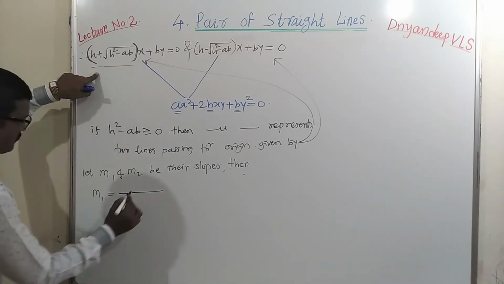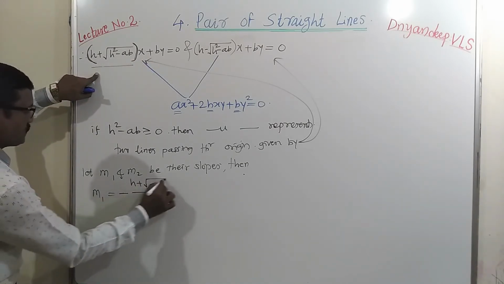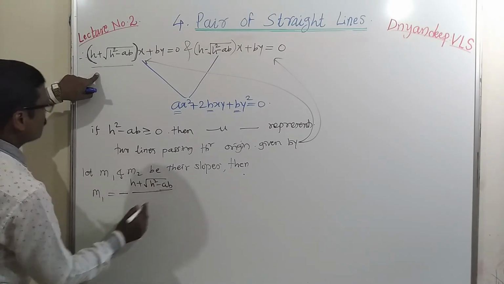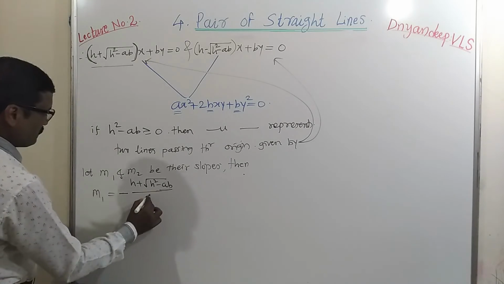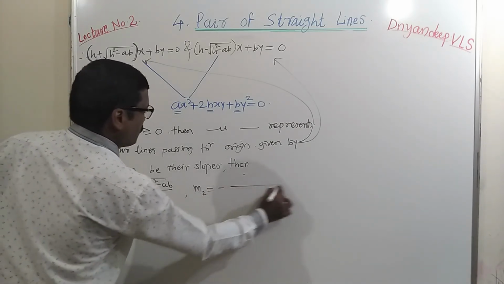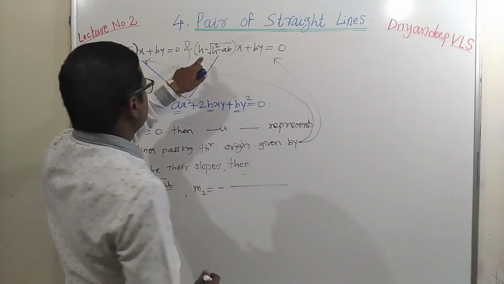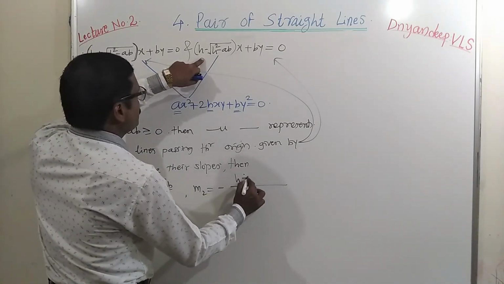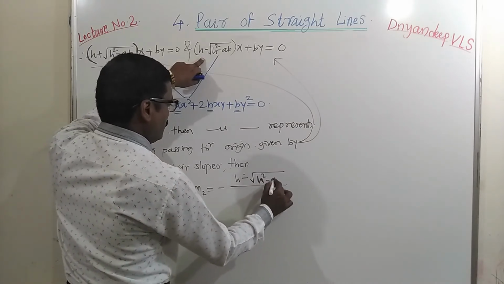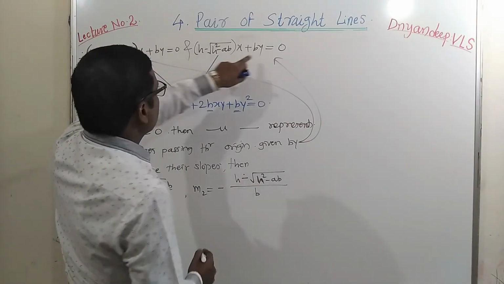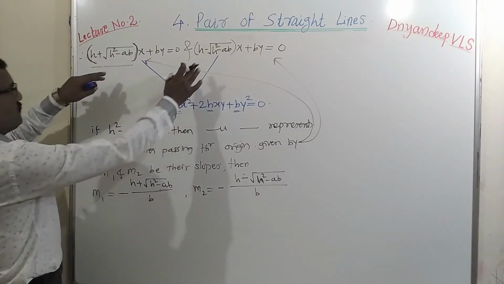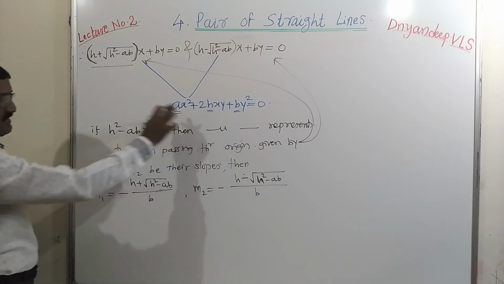Coefficient of x is this, that is h plus root h square minus ab upon the coefficient of y is b, and m2 is the negative ratio of coefficient of x and coefficient of y. Coefficient of x is this, that is h minus under root h square minus ab upon coefficient of y is b. So these are the slopes of two lines which are represented by this equation.